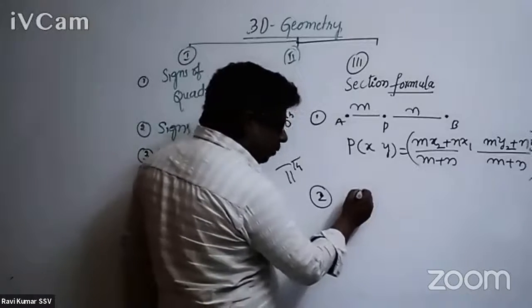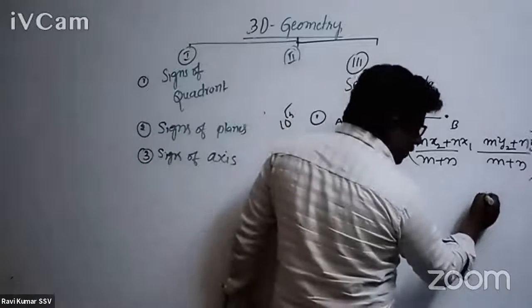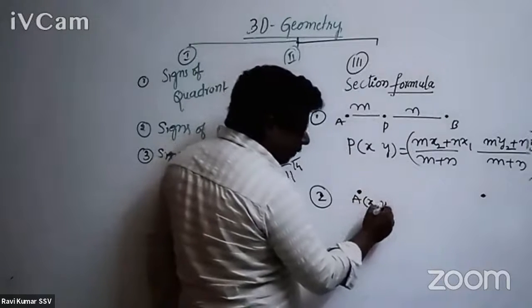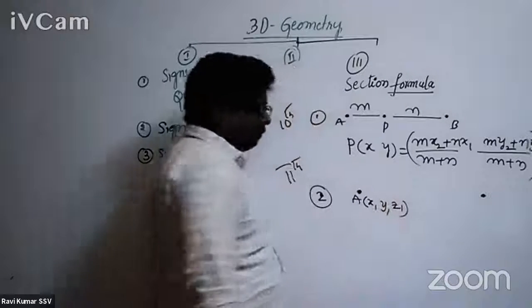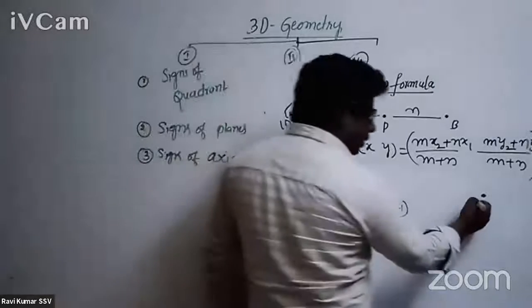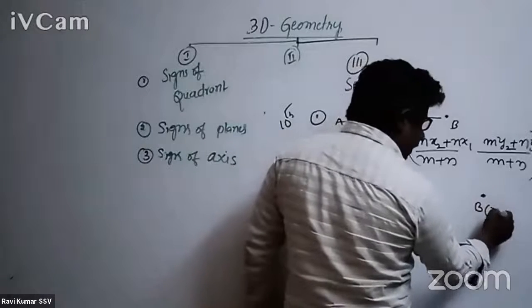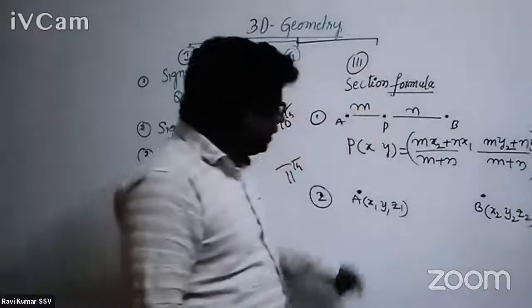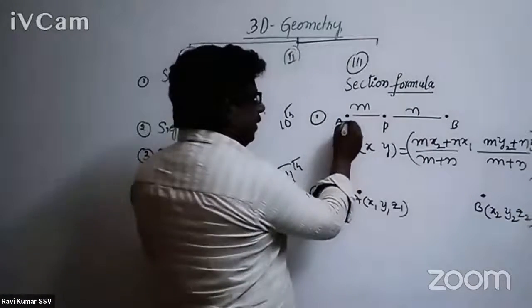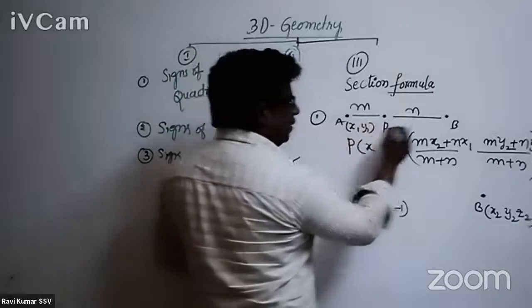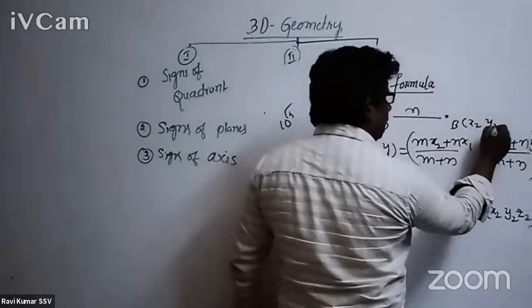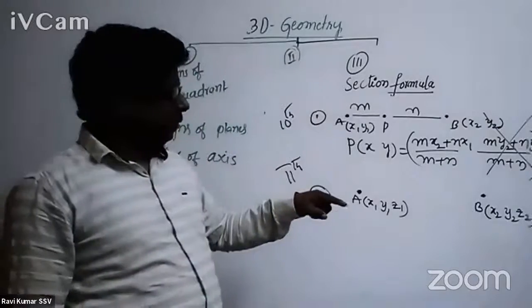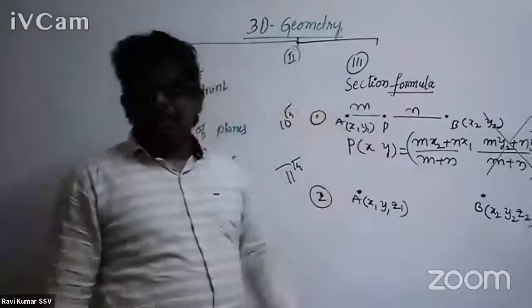So what here? This is also a point, one point is here, here also one point. This is A, x1, y1, and z1. This is point B, x2, y2, and z2. See that? Additionally here x1, y1, this is x2, y2. So no need of this formula, but to understand, I just remind you.